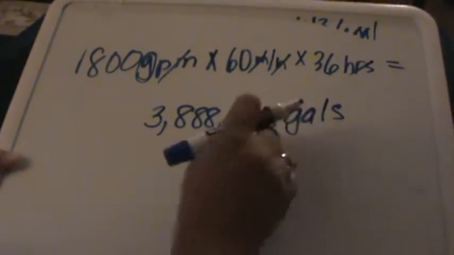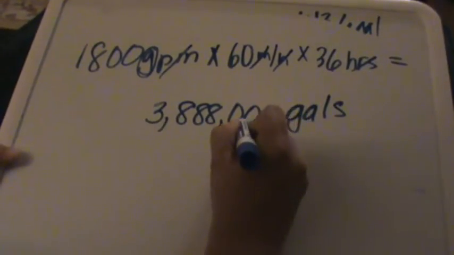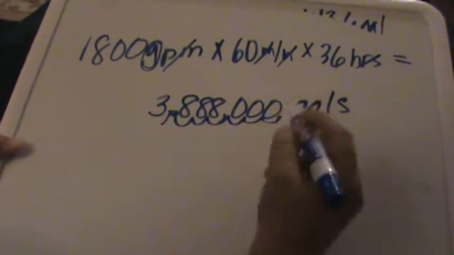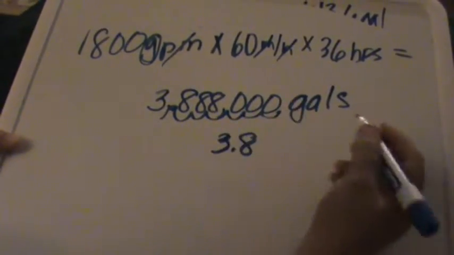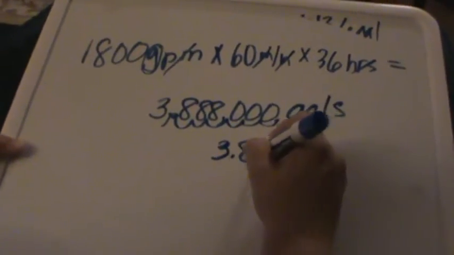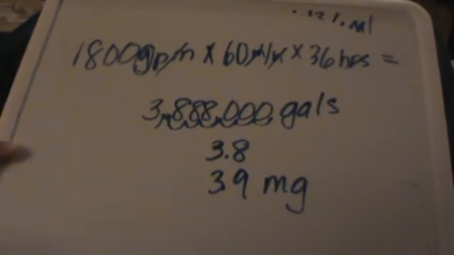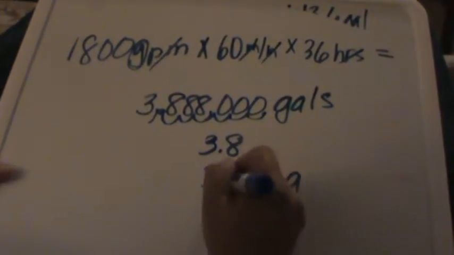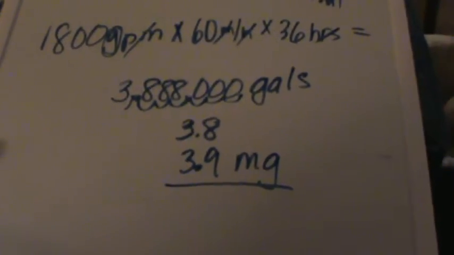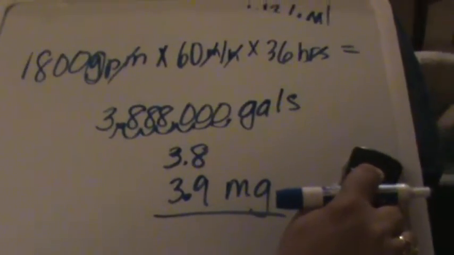To make it a million, because there are 6 zeros in a million, I'm going to move it 6 places. So 1, 2, 3, 4, 5, 6. Now I have 3.8, or maybe if we round off it would be 3.9 million gallons expressed as mg. So my answer would be 3.9 million gallons. Okay, end of the first half.